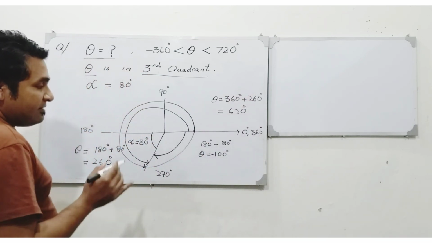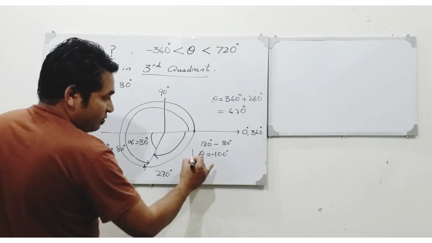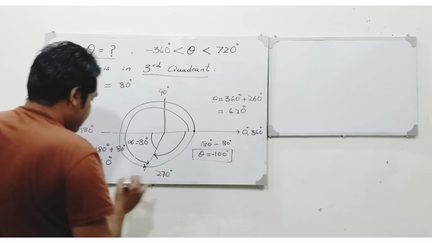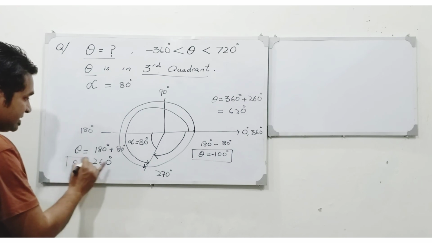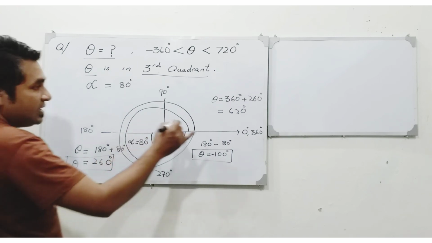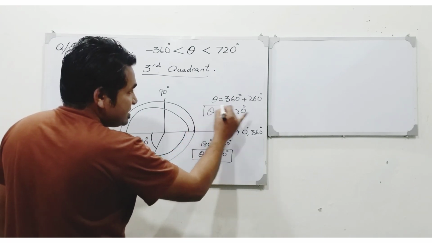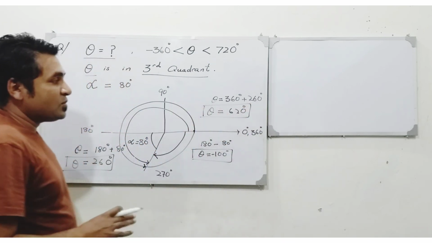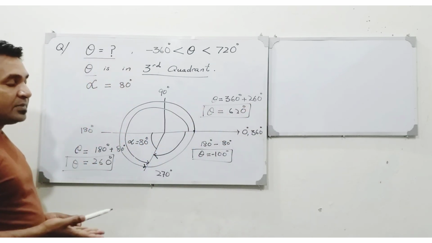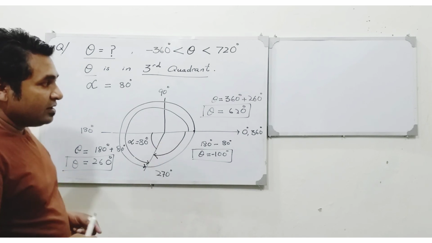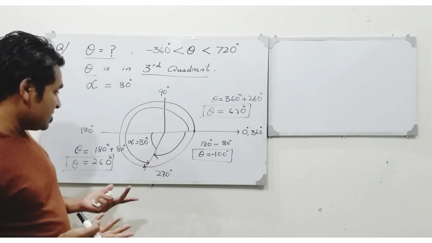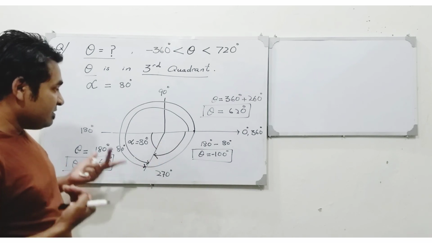So we have got three values of theta. One is minus 100, the other value of theta is 260 degrees, and the last possible value of theta is 620 degrees. Other than these three, there are no possible cases which will give us values of theta.